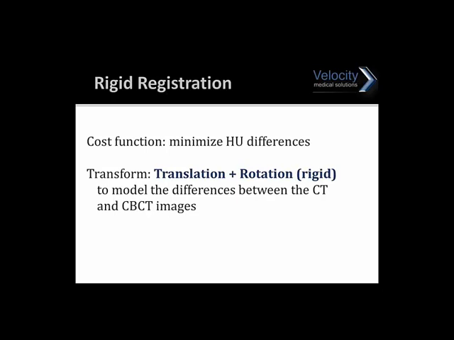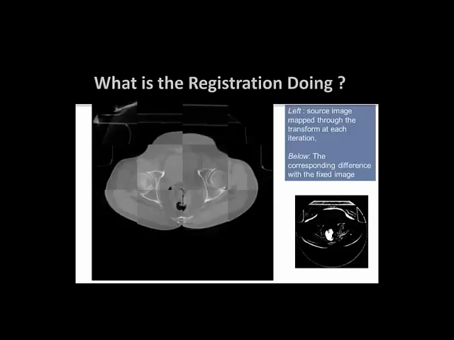And then again, our transform will be just translation and rotation only at this point. For animation, we're first doing the translation as that image is coming down, and then it settles into place. It ends with doing that rotation at the very end. So that's what the automatic rigid is doing.